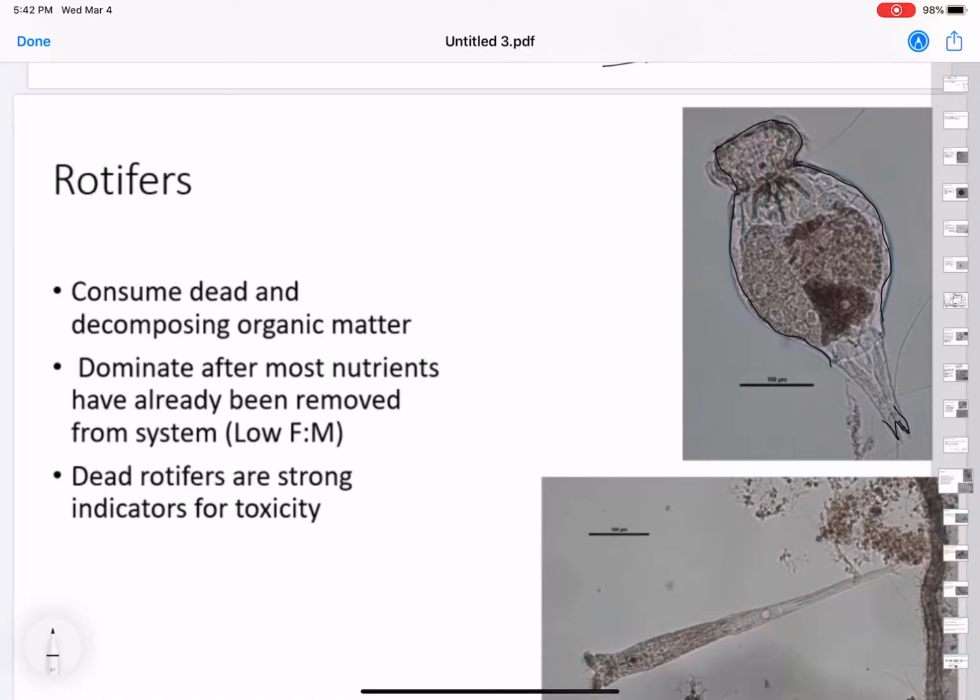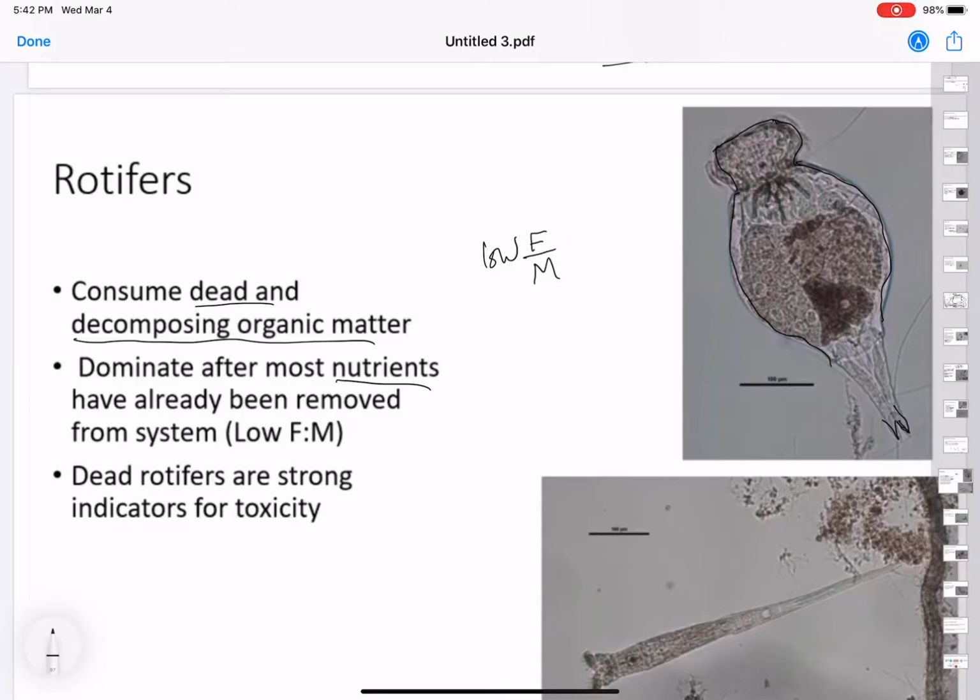It's a nice looking rotifer. This rotifer consumes dead and decomposing organic matter. And it is dominant only after most food, most nutrients have already been removed from the system. So if you have, as we mentioned before, F over M low, then you could see rotifers.